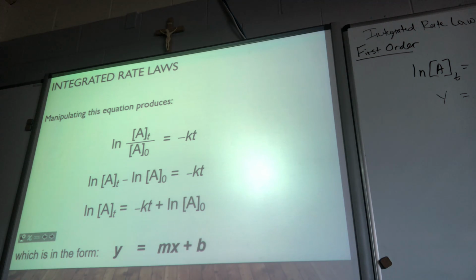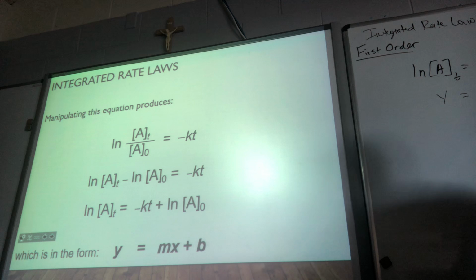We have y and x. We're going to graph the natural log of A versus time. We can calculate the slope, which would be our rate constant in this particular case. And we can get the y-intercept, which is the natural log of A sub 0.